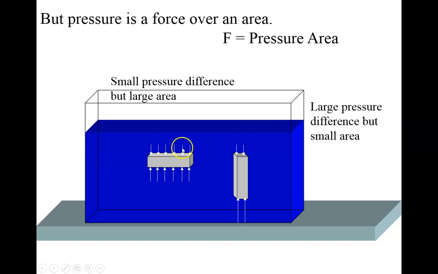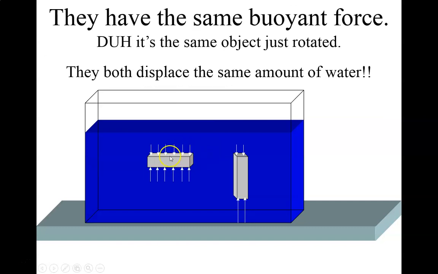This object isn't going to have as big of a pressure difference between the top and bottom, but it's going to have more of an area for the pressure difference to act on. This one doesn't have as big of an area for the pressure to act on, but there's a bigger pressure difference between the top and bottom. So the net result is that the buoyant force is the same on these.